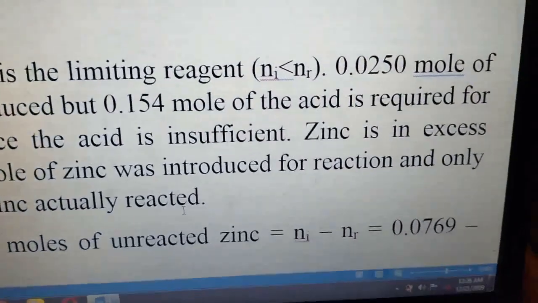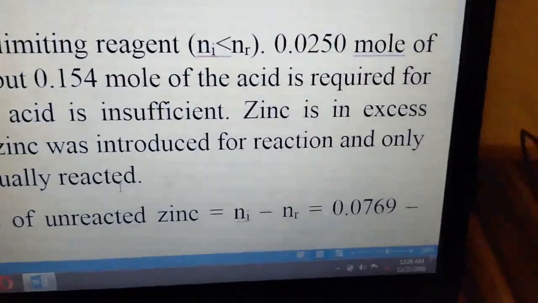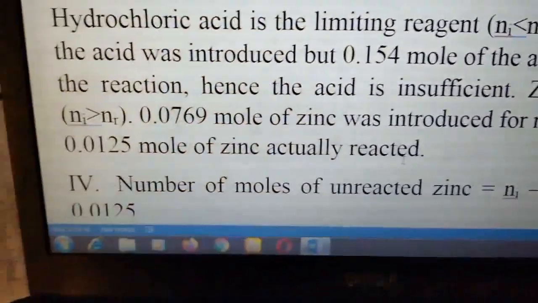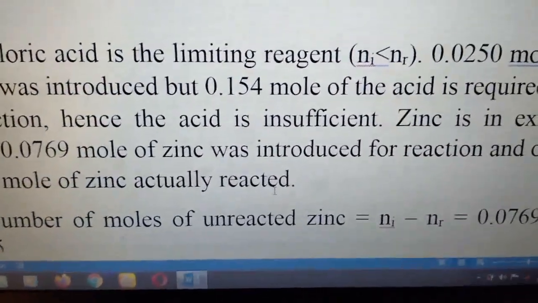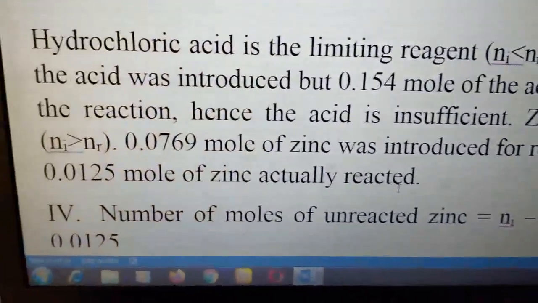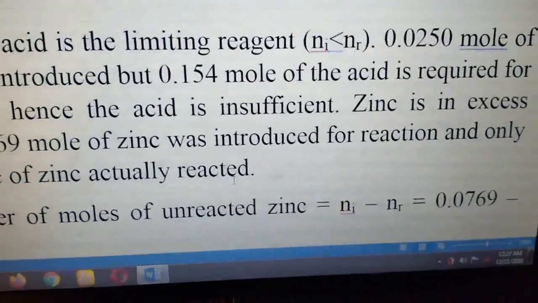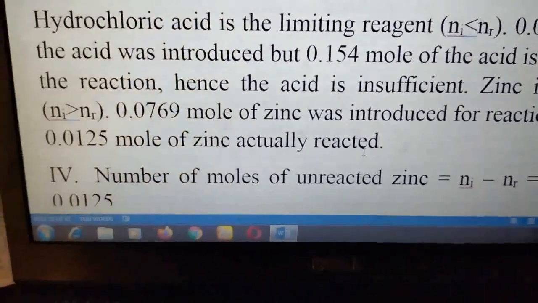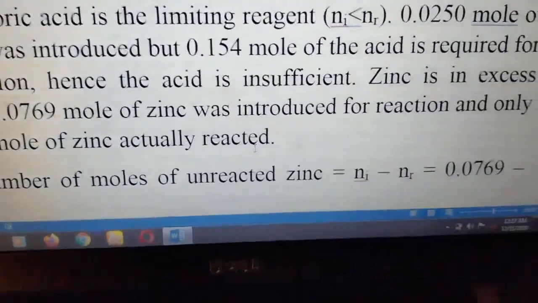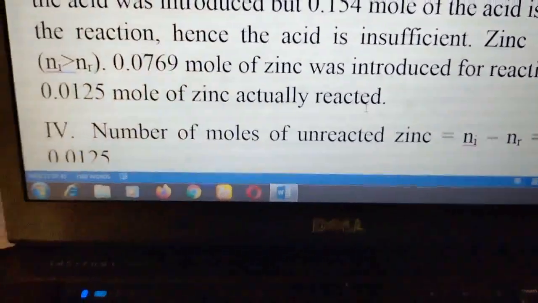amount Ni is less than Nr. 0.025 mole of HCl was introduced, but 0.154 mole of that is required for reaction. So that means you don't have enough acid, because what you introduce is less than what is supposed to react. Hence, that is insufficient or limiting. Zinc is in excess.